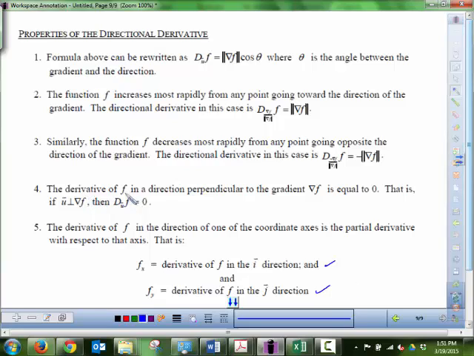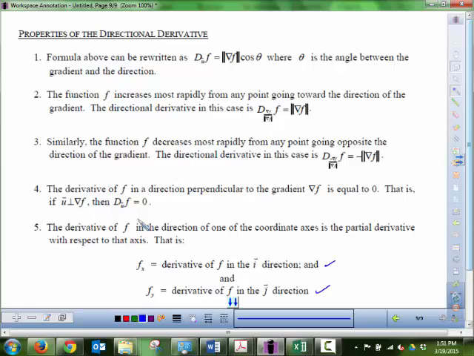The derivative of f in a direction perpendicular to the gradient is 0. What's that mean? Back to the compass, and you're standing on the hill. You take a look at your compass, and it's pointing in the direction of the gradient. Right?